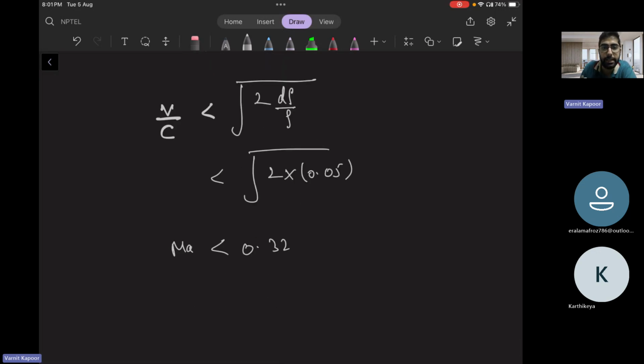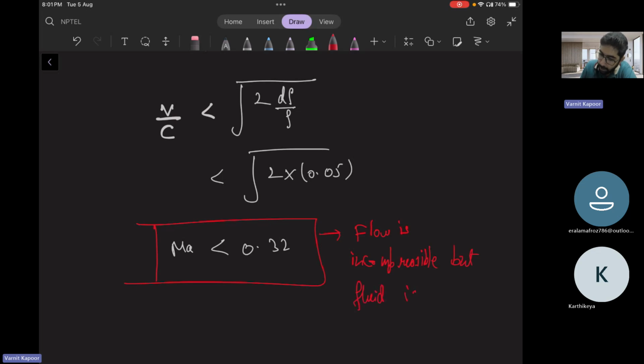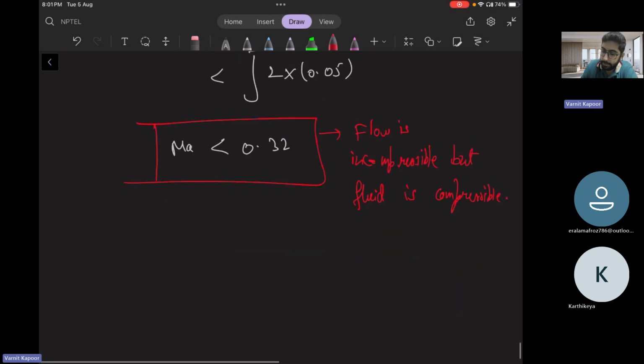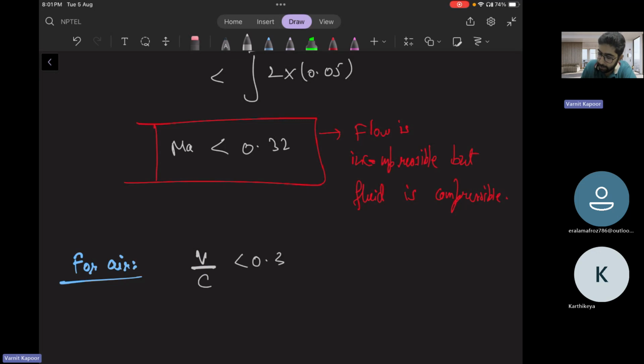So if Mach number is less than 0.32, that is your condition for incompressible flow, although your fluid is compressible in nature. Okay, this is a condition when flow is incompressible, but fluid is compressible. For air, Mach number V by C is less than 0.32.